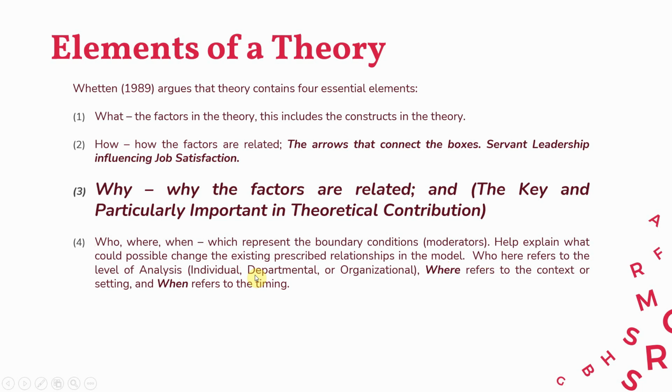Are we conducting research at the individual, departmental level, or organizational level? So knowledge management processes can be at organizational level, where we look into the organizational level initiatives about knowledge management, or we can have individual level as well, where we look into maybe knowledge collection, knowledge distribution, knowledge sharing at individual level, or maybe it could be departmental level as well.